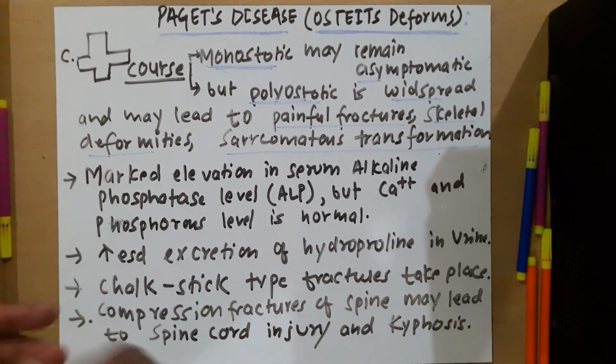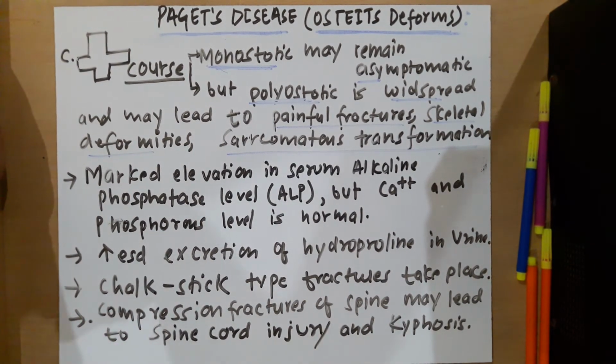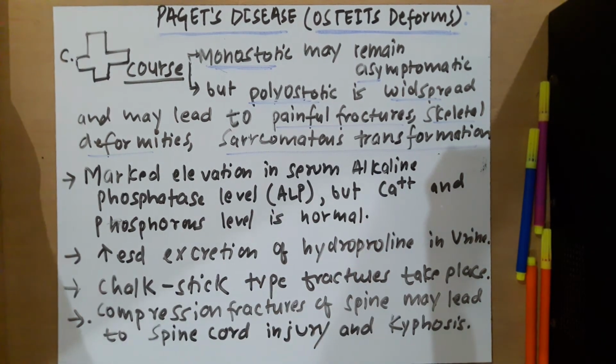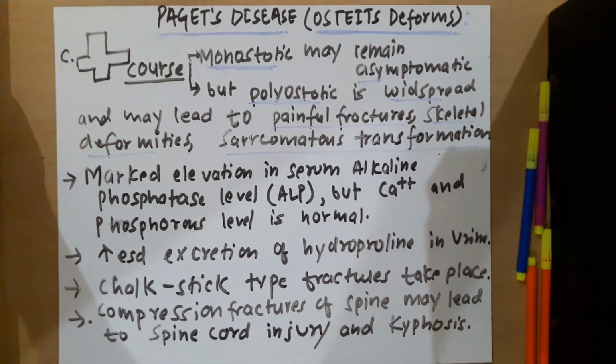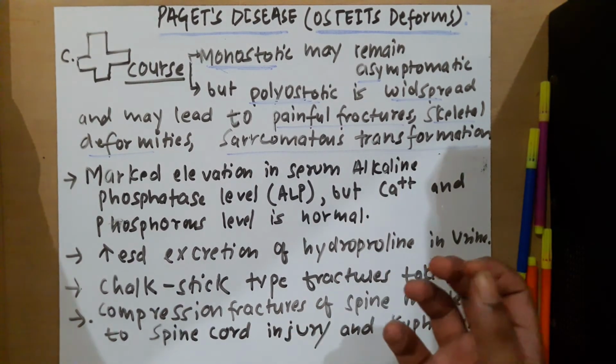So this much to discuss in the clinical course of Paget's disease. In this video we discussed the introduction, pathogenesis and clinical course of Paget's disease, and it was quite short; it did not take as long as osteoporosis. This is part 1. In part 2 we shall discuss the morphology, in which 3 stages are identified: the initial osteolytic stage, the mixed osteolytic and osteoblastic stage, and then the osteosclerotic stage.